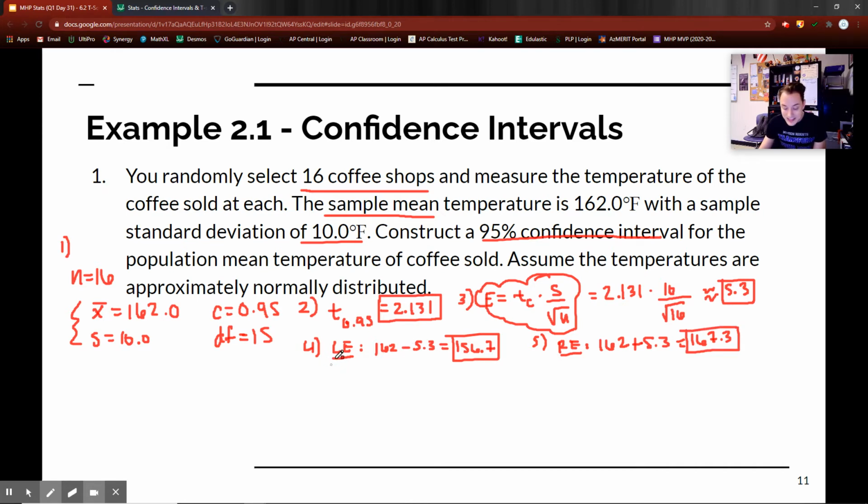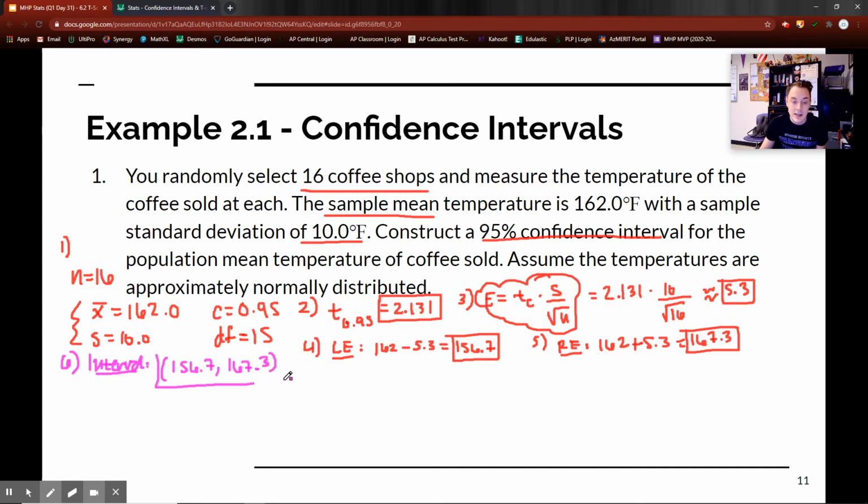So my last and final step in purple here would be my confidence interval. In step 6, my actual interval, putting it all together, following all my steps, would be 156.7, comma, 167.3.